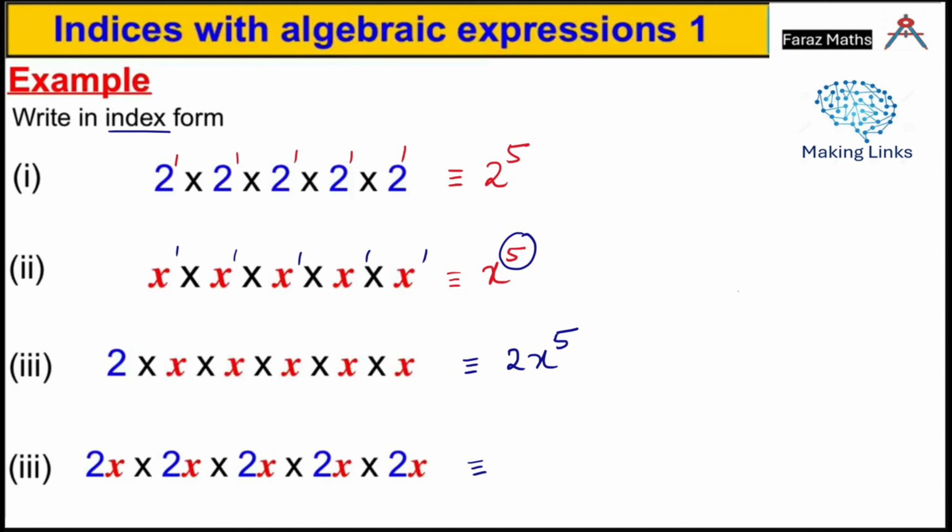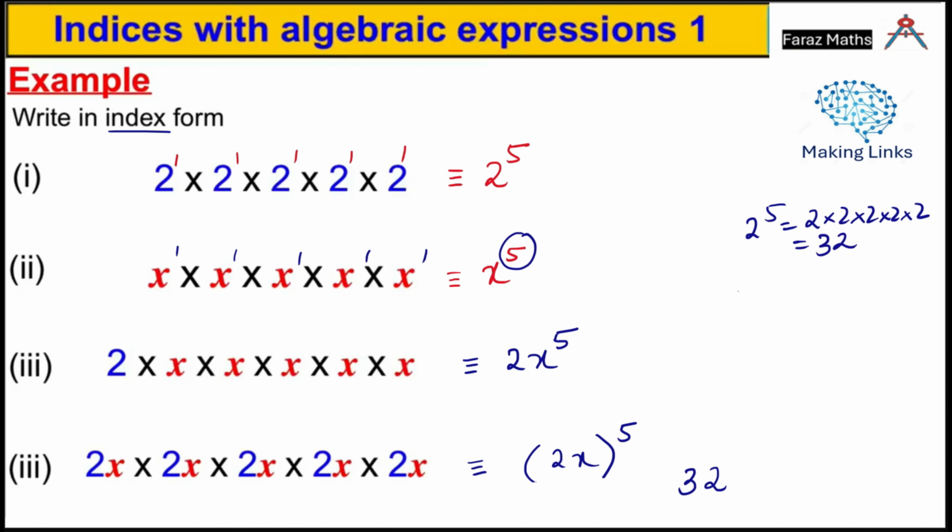And the last one, 2x times 2x times 2x times 2x times 2x. So that would be 2x whole power 5. And if you simplify it further, it would be 32, because 2 to the power of 5 means 2 times 2 times 2 times 2 times 2. 2 2s are 4, 4 2s are 8, 8 2s are 16, 16 2s are 32.